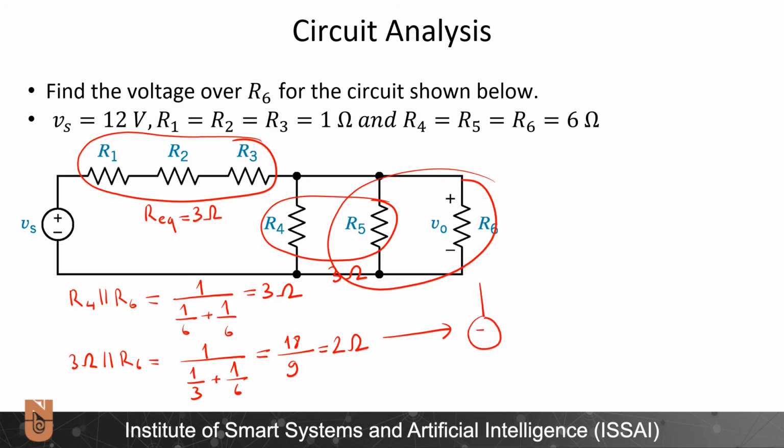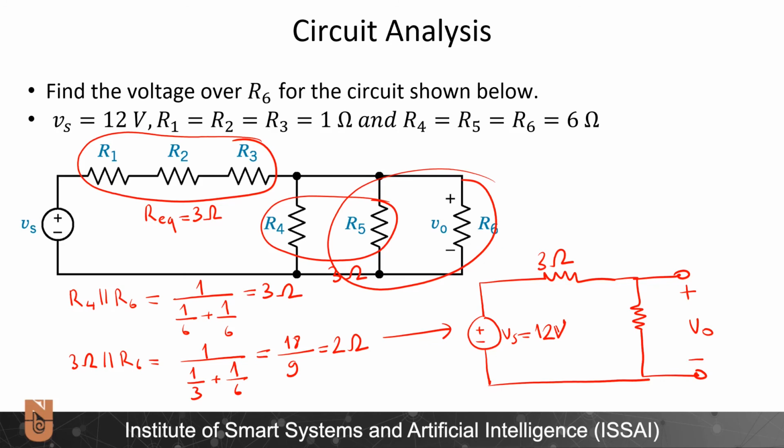I have the voltage source Vs, which is equal to 12 volts. Then I have one equivalent resistance, this one, which is 3 ohms, and another resistance over which I will be measuring the plus minus V out, which has the reduced value of 2 ohms.